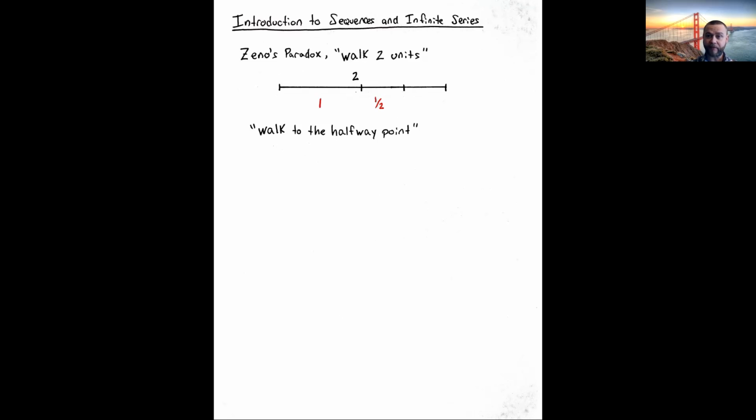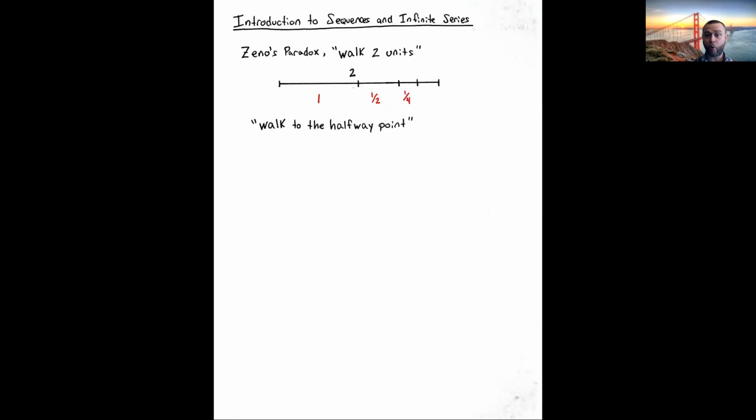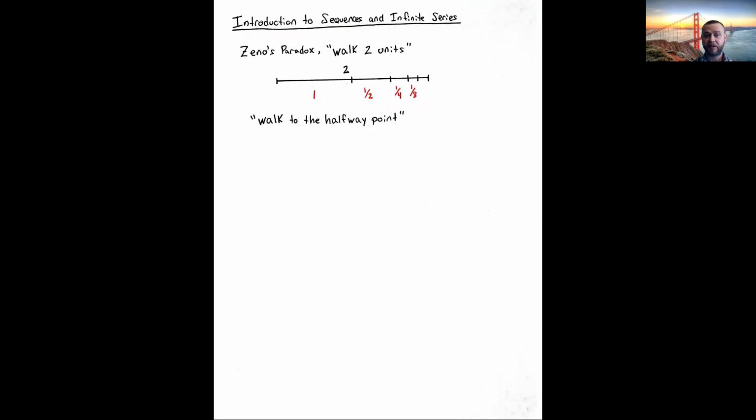Where we currently are, we have to walk to the new halfway point, walking an additional 1/4 of a unit. And you can see what's happening here. No matter how much distance is left to walk, there's always half of that, no matter how small that distance is. The next amount you would walk is 1/8.